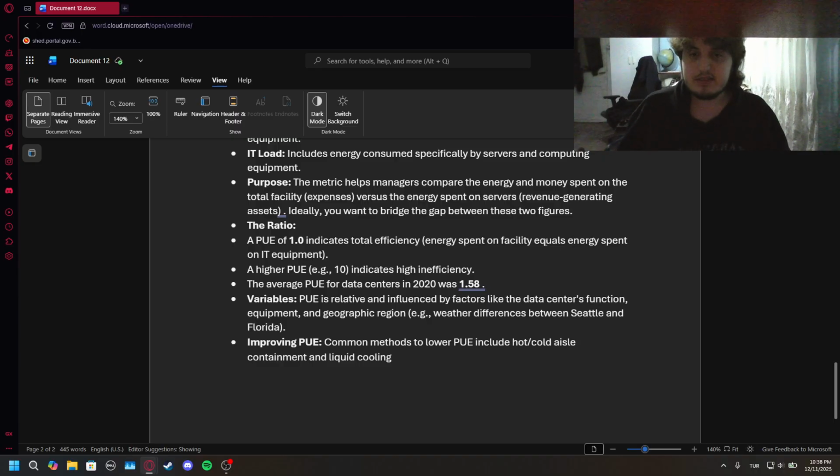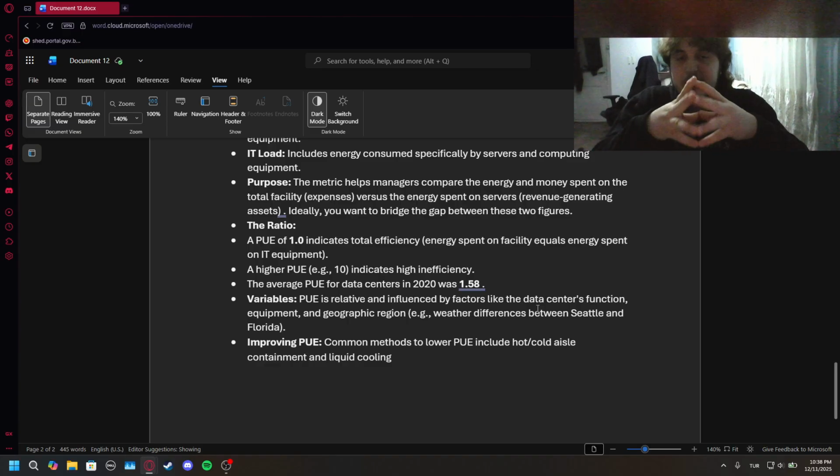Variable. PUE is relative and influenced by factors like the data center's function, equipment, and geographic region. Weather differences between Seattle and Florida. Obviously, it depends on what country and place you're in, what the humidity is, how hot the air is, what the temperature is like, and how dirty the air is.